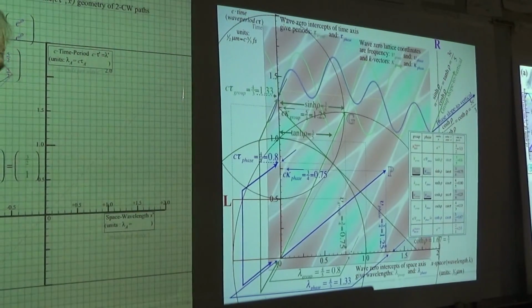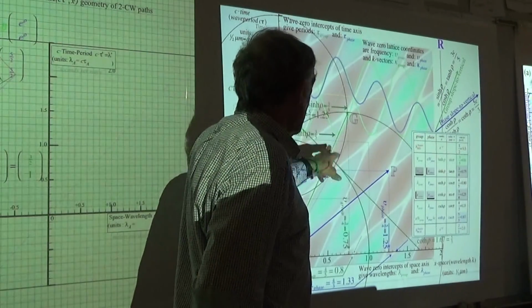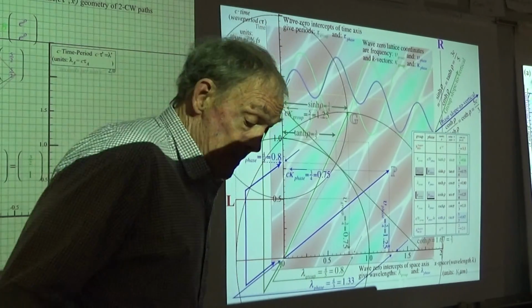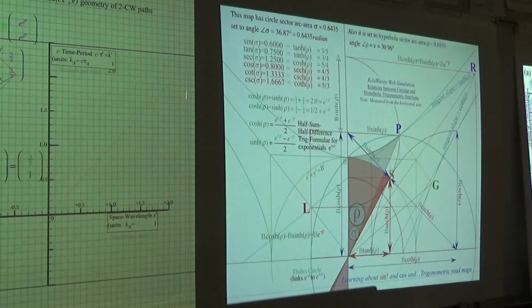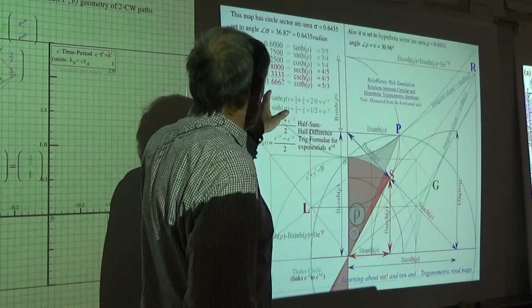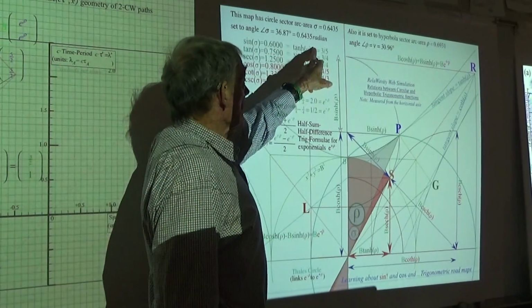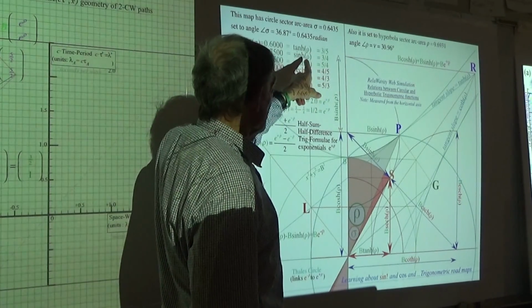We'll see it, but there are going to be segments on this graph that we need to label with hyperbolic functions and circular functions. That's that business that we talked about before, where for every hyperbolic function, the hyperbolic tangent is really important. That's the one that's giving you the group velocity and classical velocity.